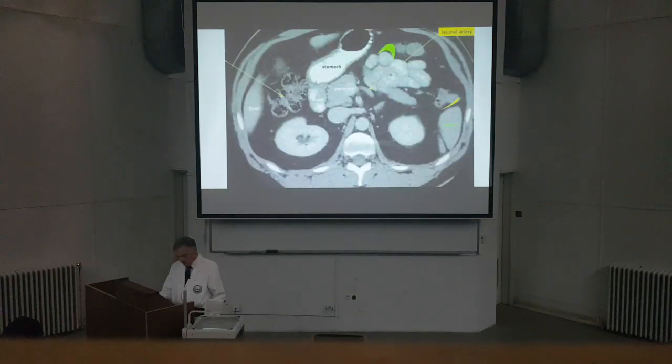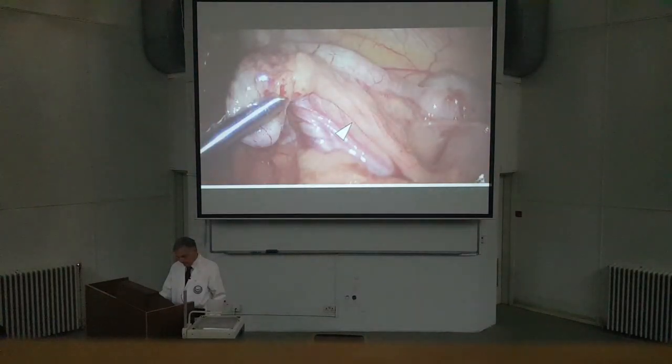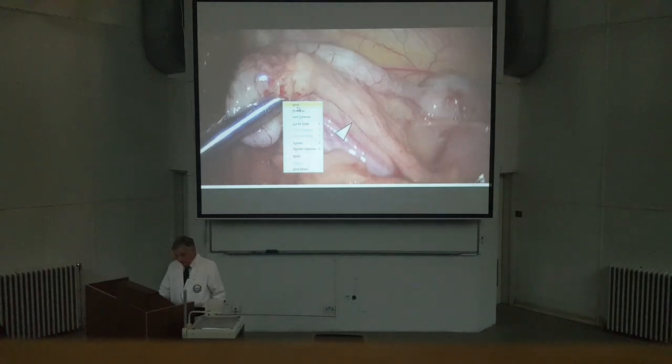This is small intestine, this is large intestine, and this is large intestine for the reasons we have just discussed. What comes out of the cecum as a blind pouch is the appendix.